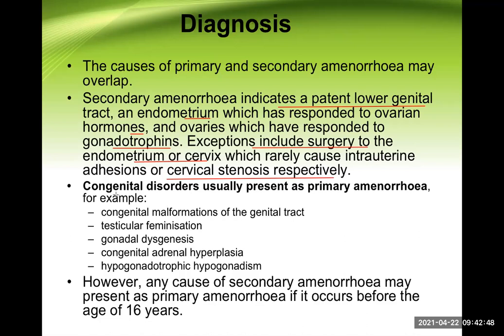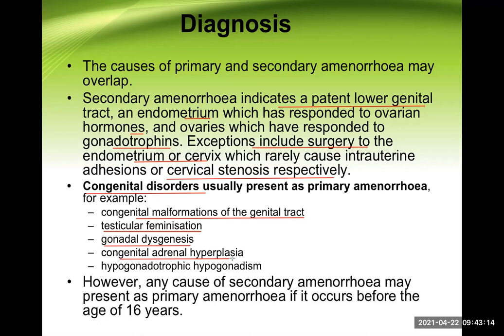Now, some of the congenital disorders usually presenting as primary amenorrhea are, a little bit of repetition for you now: congenital malformations of the genital tract, testicular feminization, also known as androgen insensitivity, and gonadal dysgenesis, a perfect example being Turner syndrome.